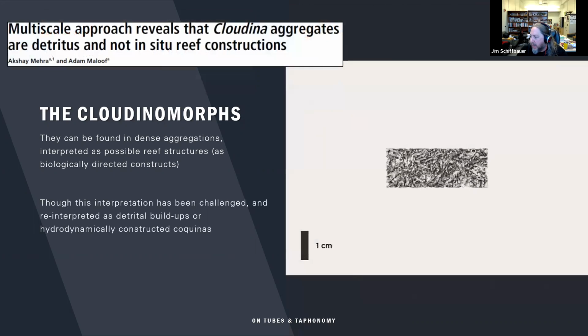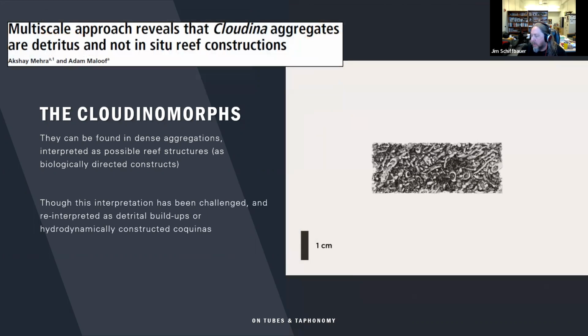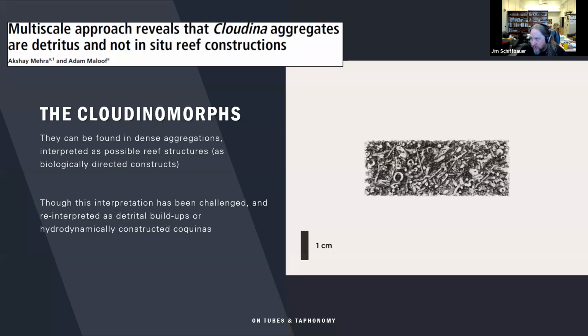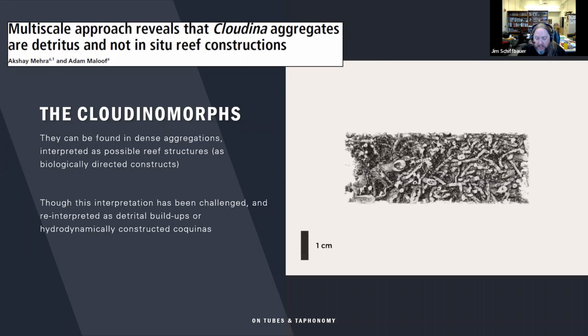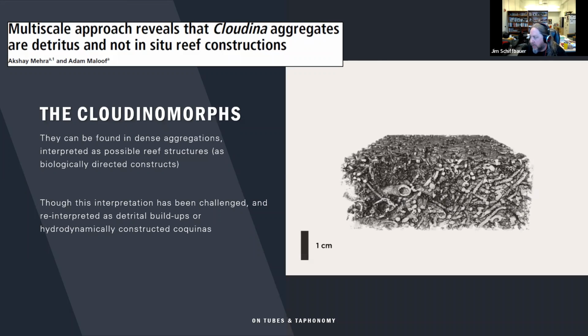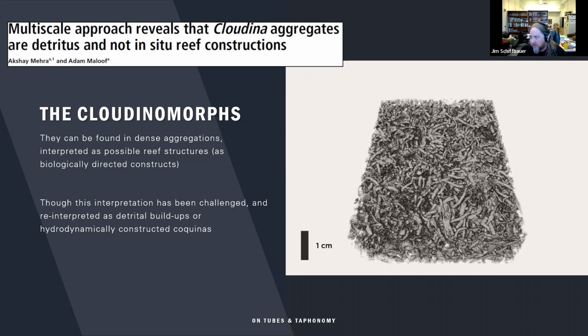Akshay Mehra and Adam Maloof suggested alternatively, though, looking at the same materials and through serial grinding, that these are probably not biological constructs, and instead detrital buildups. And this is something that we see in a lot of cloudinid deposits today, there are a lot of these coquina type deposits where we have just tons of shell hash kind of thrown together with reckless abandon from a storm event or something that has transported them to their resting place.